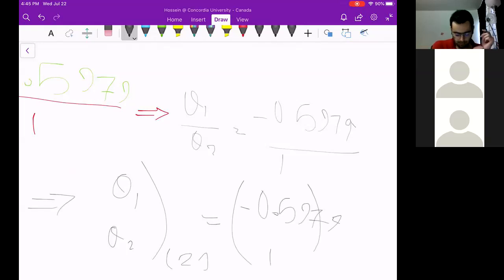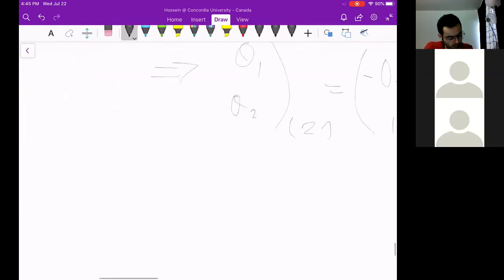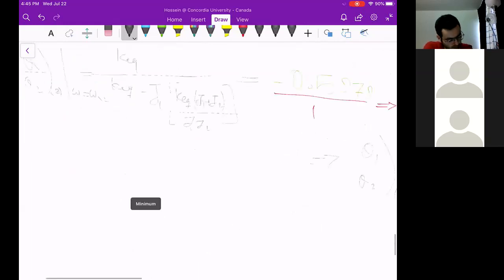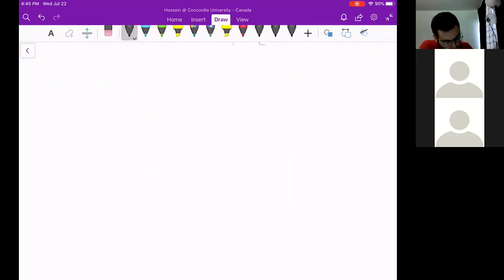You can come up with a geometrical interpretation for these two natural mode shapes like this. For the first mode, theta 1, theta 2 is 1 radian.